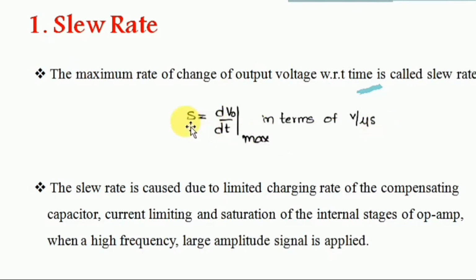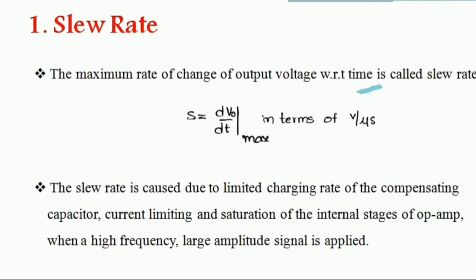But the slew rate will be a small value for the operational amplifier, that's why it is in terms of microseconds. Whenever a high frequency, large amplitude input signal is applied to the operational amplifier, the capacitors present internally in the op-amp circuit will be charged.